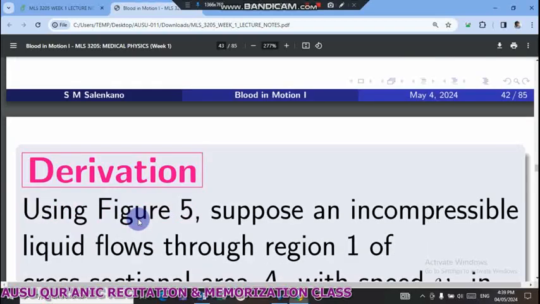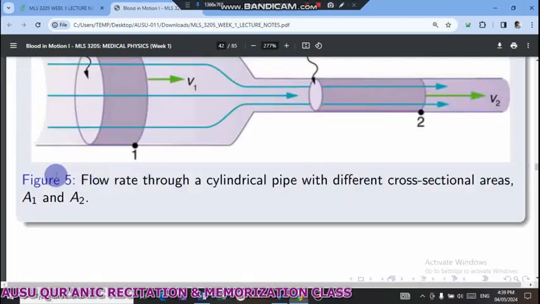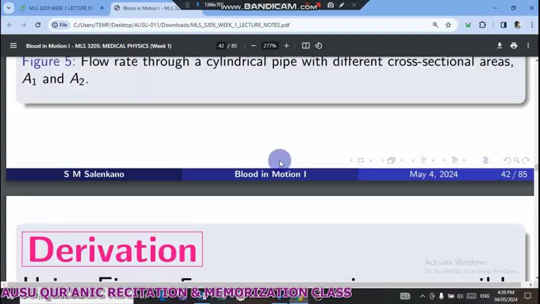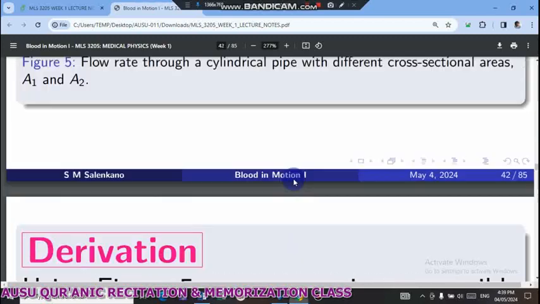Let's see how we can derive the continuity equation using figure 5. This is figure 5, so we will return to this diagram again and again. Suppose an incompressible fluid flows through region 1.